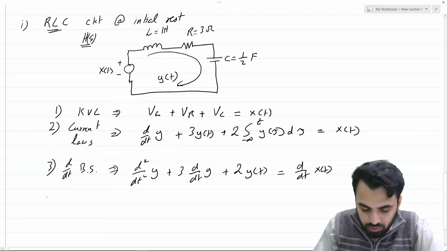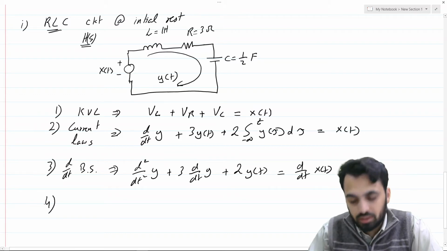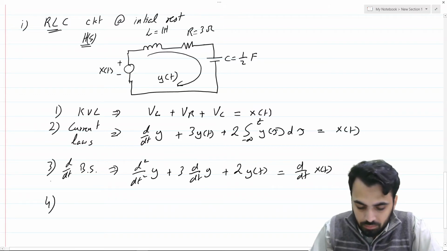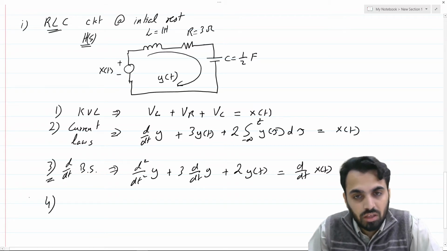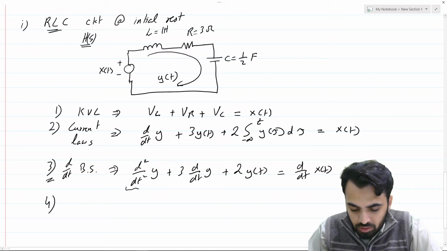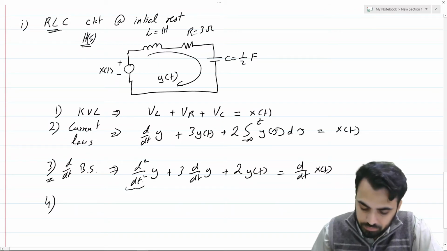So next, in the fourth step, we would be taking the Laplace transform of this expression in 3, and then we'll be using differentiation in the time domain to convert d/dt to its counterpart.